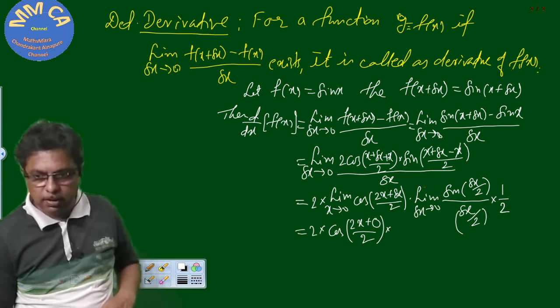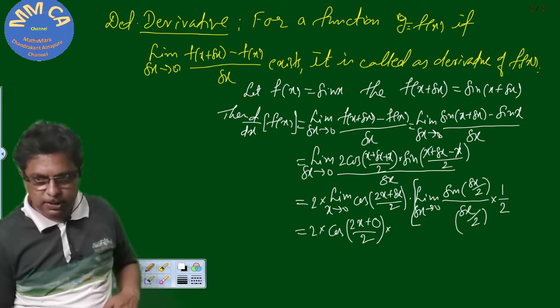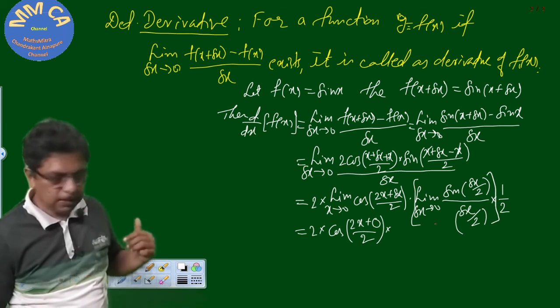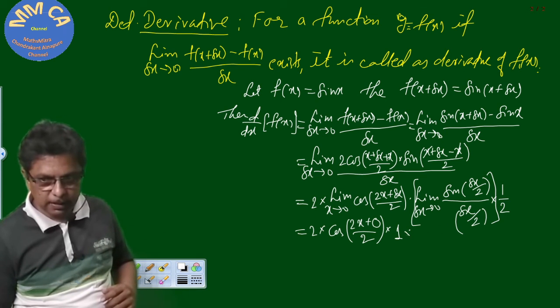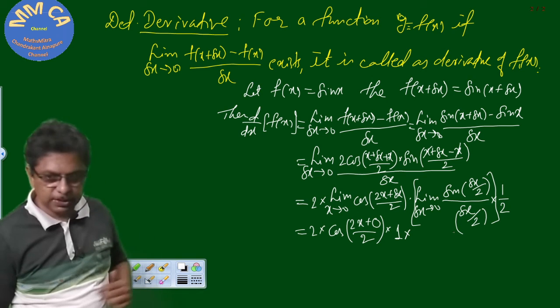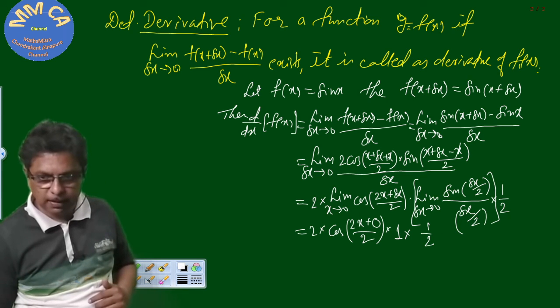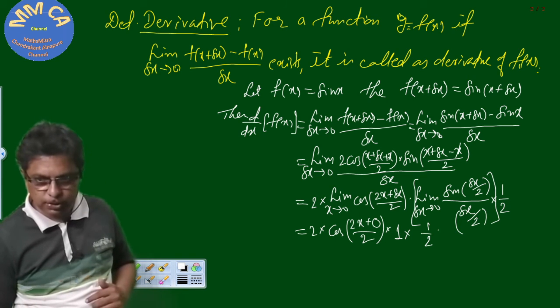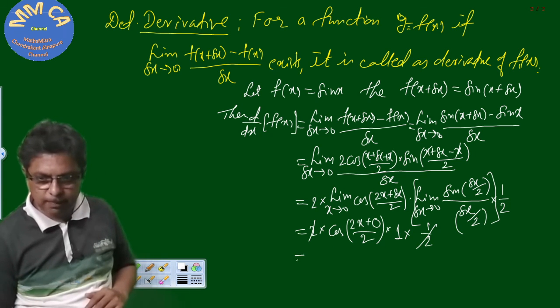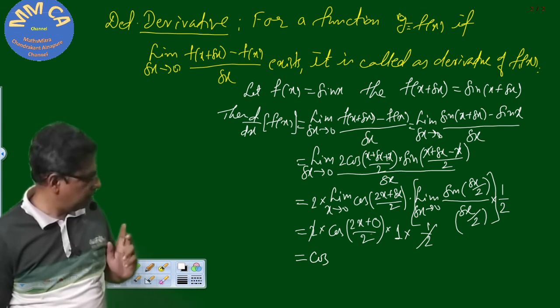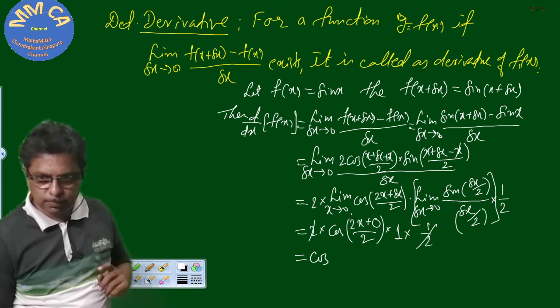And now for this bracket, this is in the form of the formula, so obviously we can write it as 1 into this 1/2 as it is. Okay. Now we have the product, so this 1/2 gets cancelled with this 2, no problem. And now see what remains: cos of 2x divided by 2, so 2 gets cancelled with 2 and it is x only.